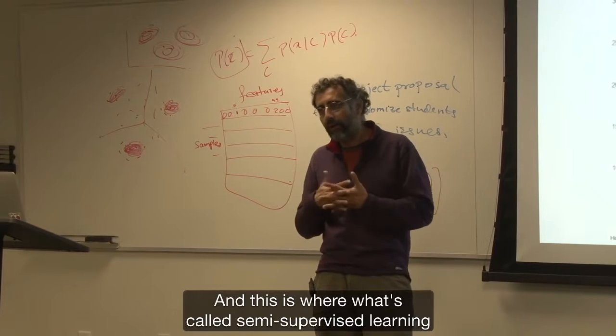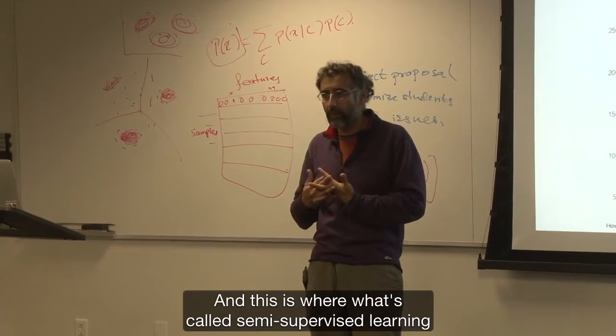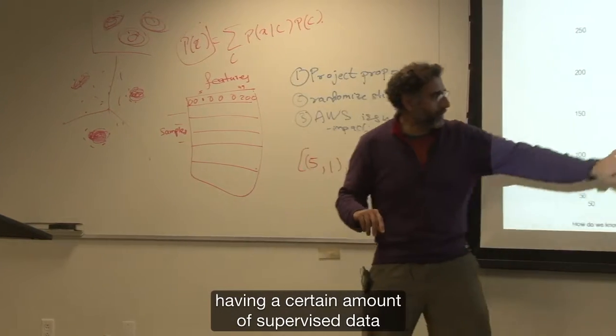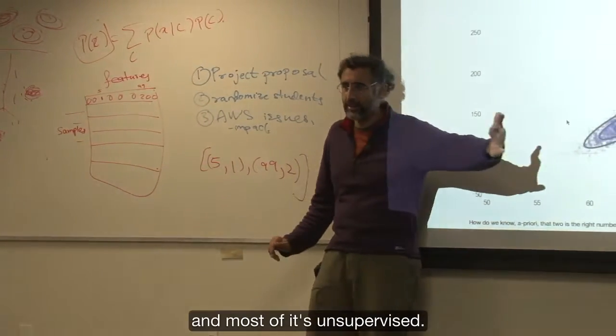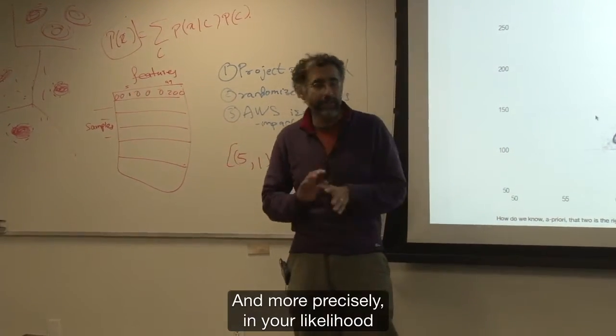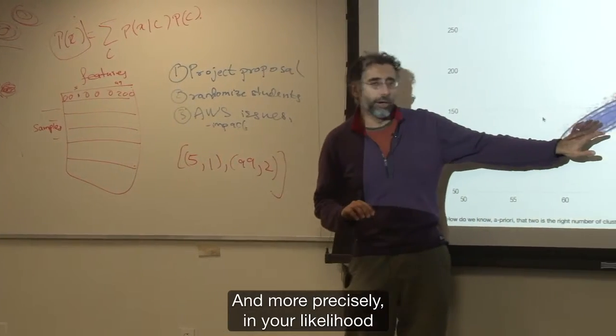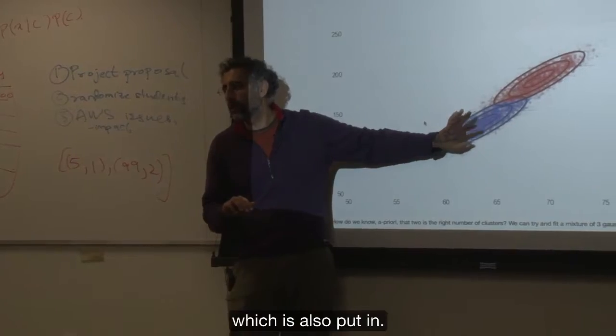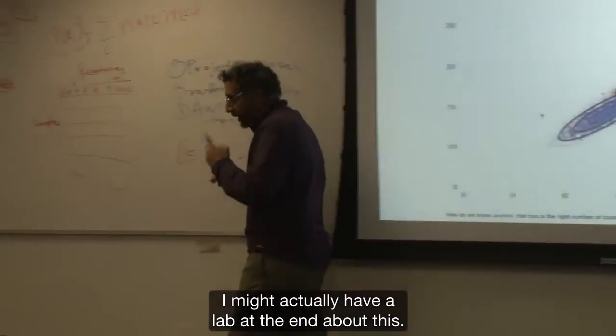And this is where what's called semi-supervised learning comes in, where you have a certain amount of supervised data and most of it is unsupervised. More precisely, in the likelihood that you're maximizing, there is a part from the unsupervised data which is also put in. I might actually have a lab at the end about this.